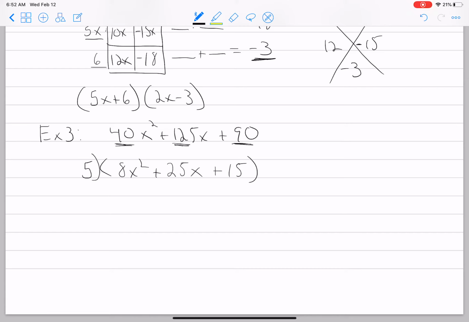So now I have 2 factors. And now I need to break this remaining quadratic into more factors. So I know it doesn't have any GCF now. Now I can go ahead and use my area model. So we have 8x squared and we have 15.